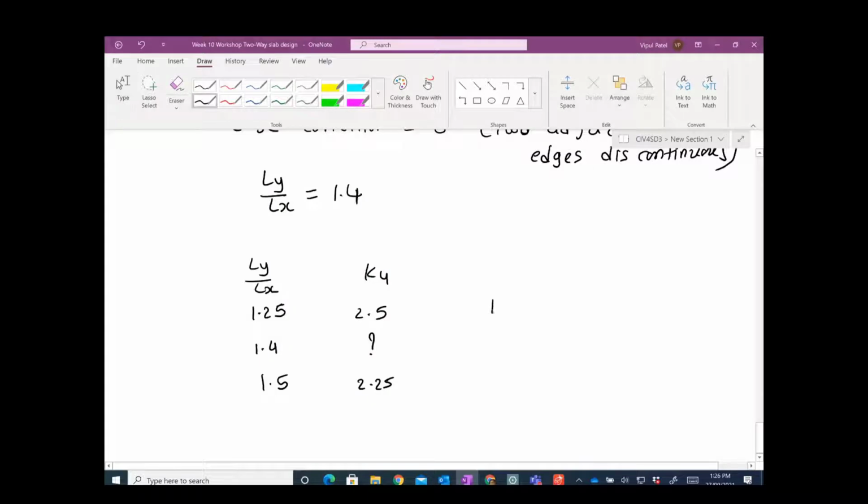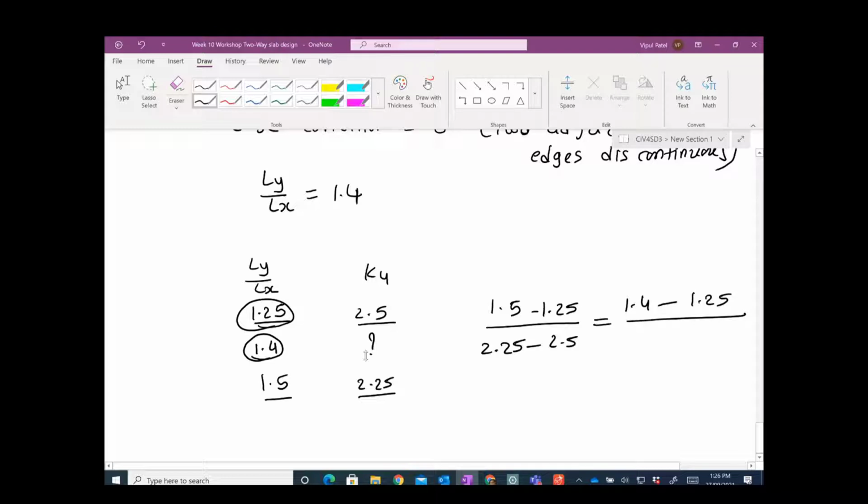So we just take the ratio: 1.5 take away 1.25 over 2.25 take away 2.5 is equal to 1.4 take away 1.25 over, let's put this as x, x take away 2.5.